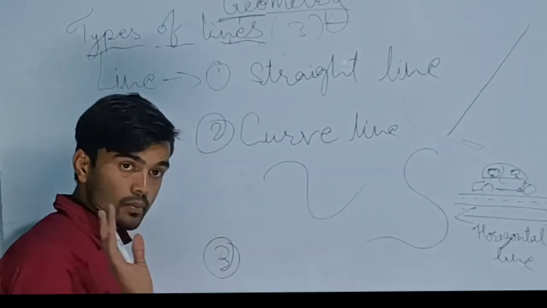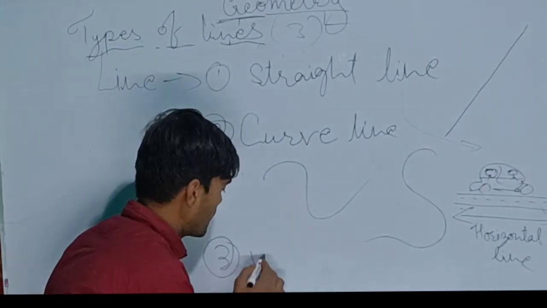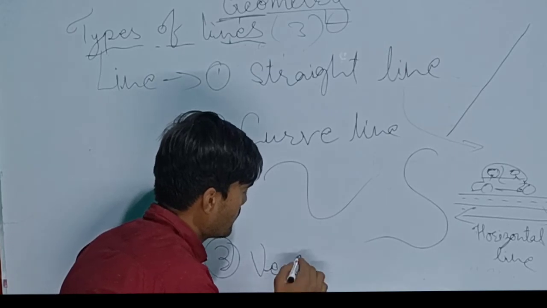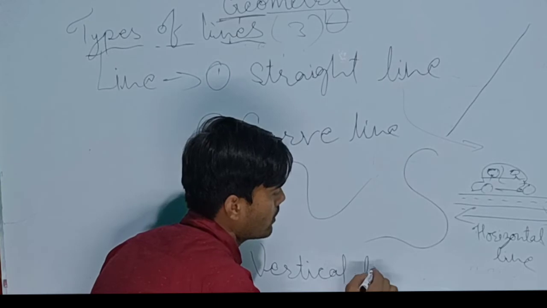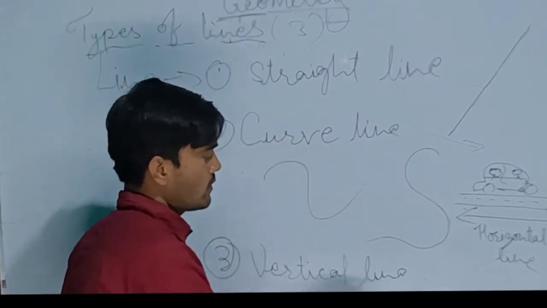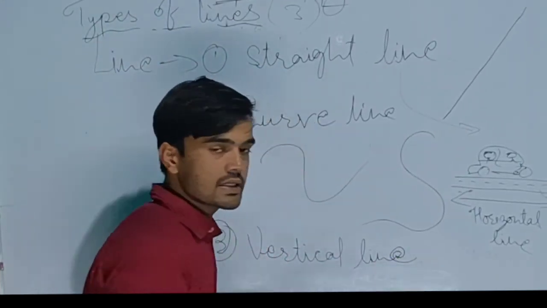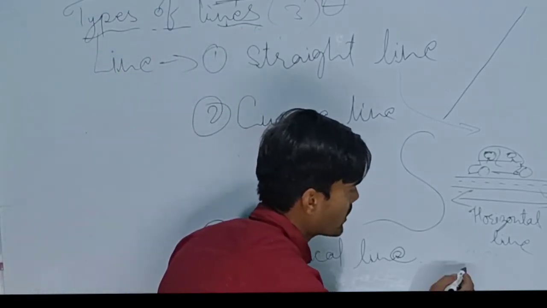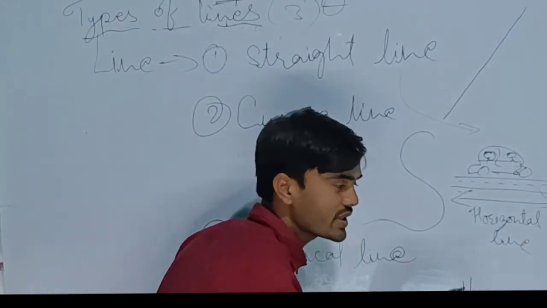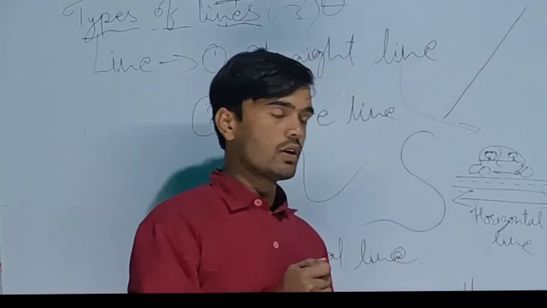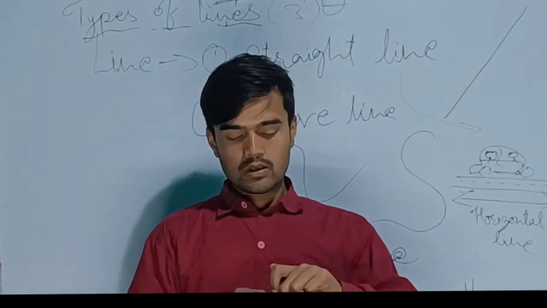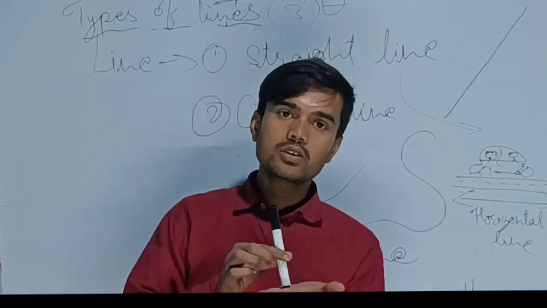is the vertical line. You can take an example of a vertical line. You have seen that trees are always straight upward from the soil.